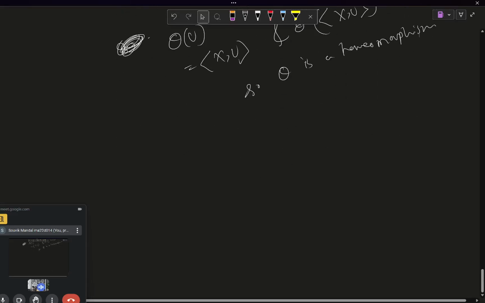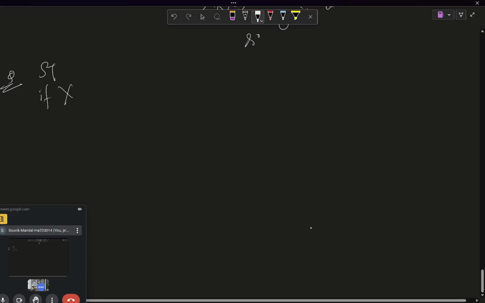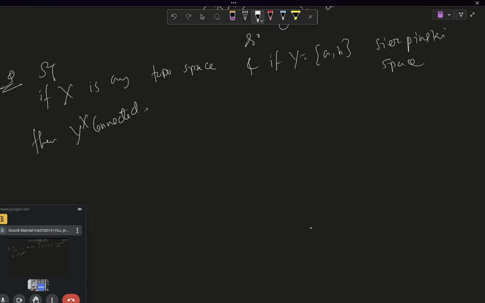So now let's go to the next problem. Show that if X is any topological space and if Y is a two-point space with the Sierpinski topology, then we need to check that Y to the power X is connected.